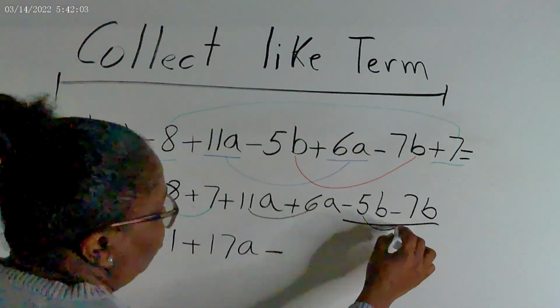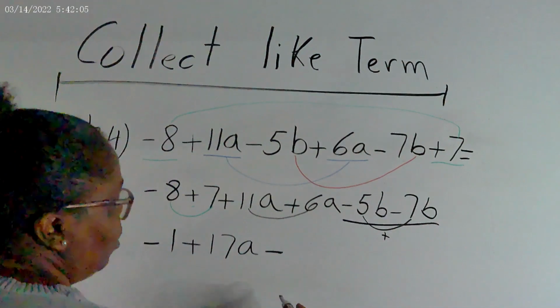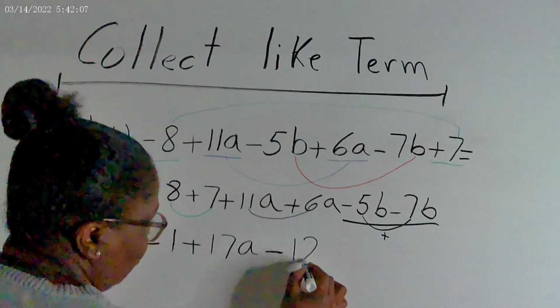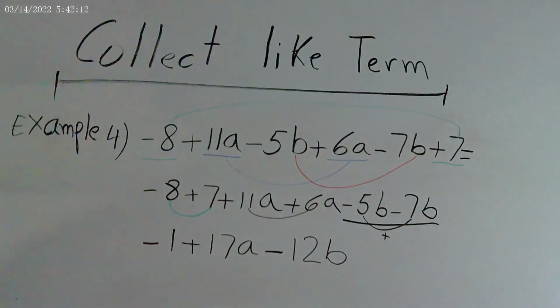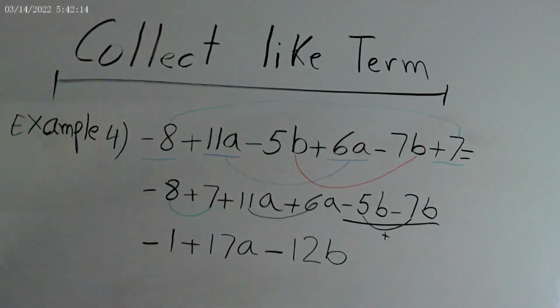So 5 plus 7 is 12. And the variable is b. And the final answer is minus 1 plus 17a minus 12b. That's the final answer.